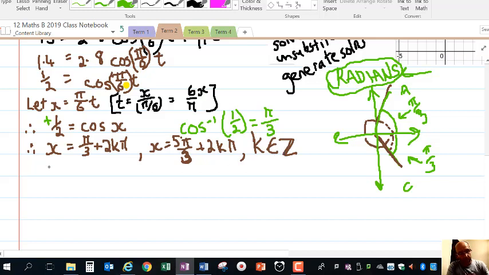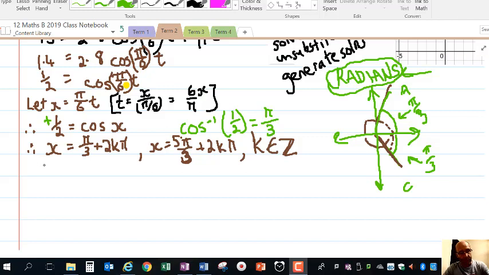Okay, so now we need to sub back in terms of t. Since we have our substitution, we've got t equals 6 on pi x.